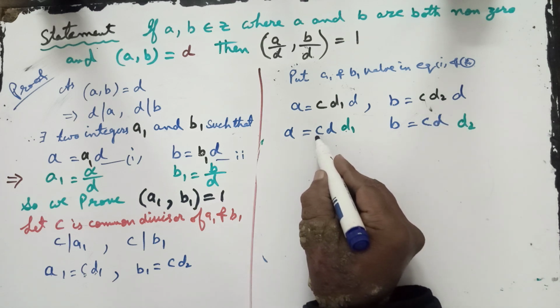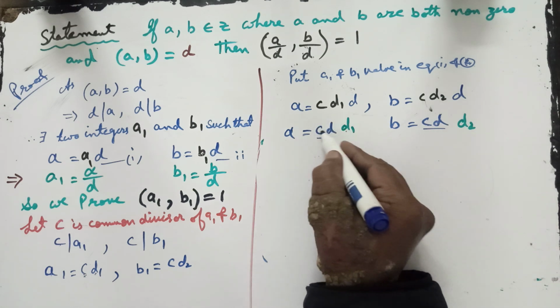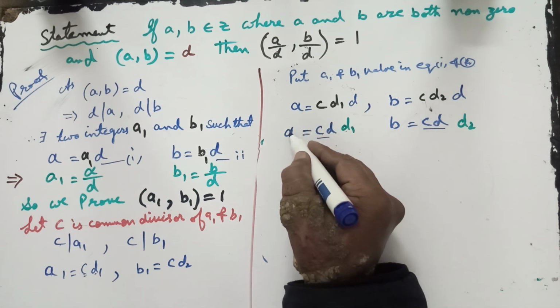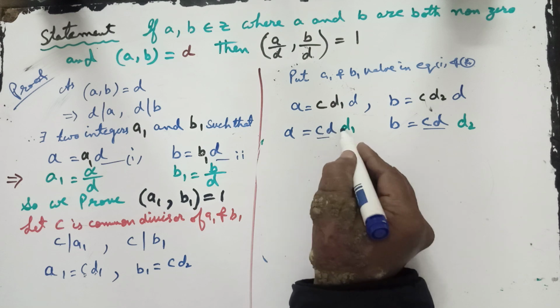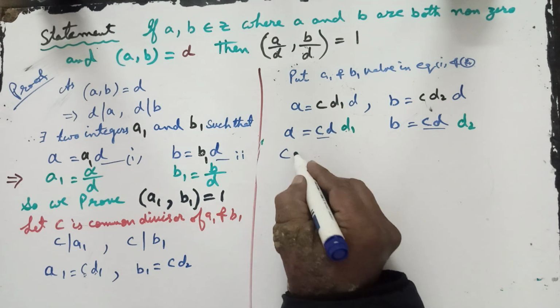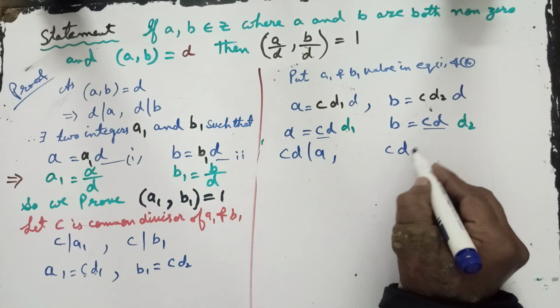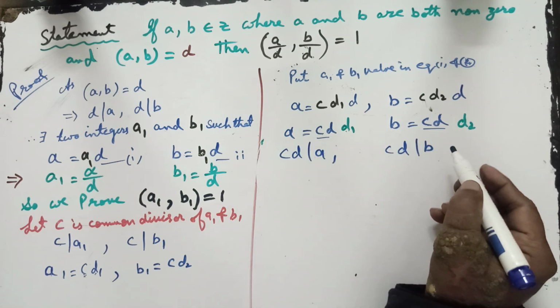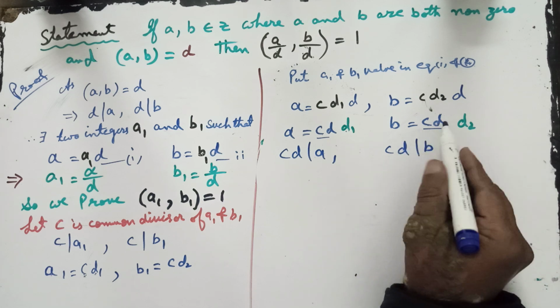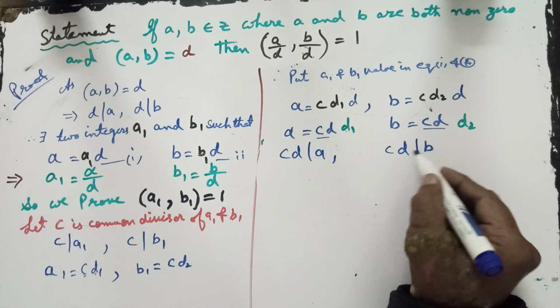These are all divisors, because these are factors and this is the multiple. So cd divides a and cd divides b.